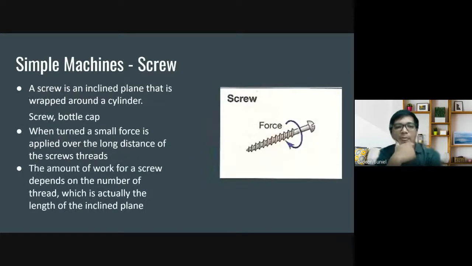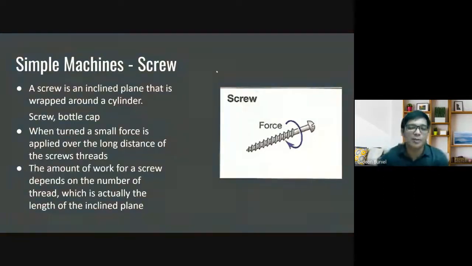Now screw. A screw is an inclined plane that is wrapped around a cylinder. For example, even the bottle cap is a type of screw, because when you turn it, you can open soft drinks like Tanduay, Coke, Black Label.